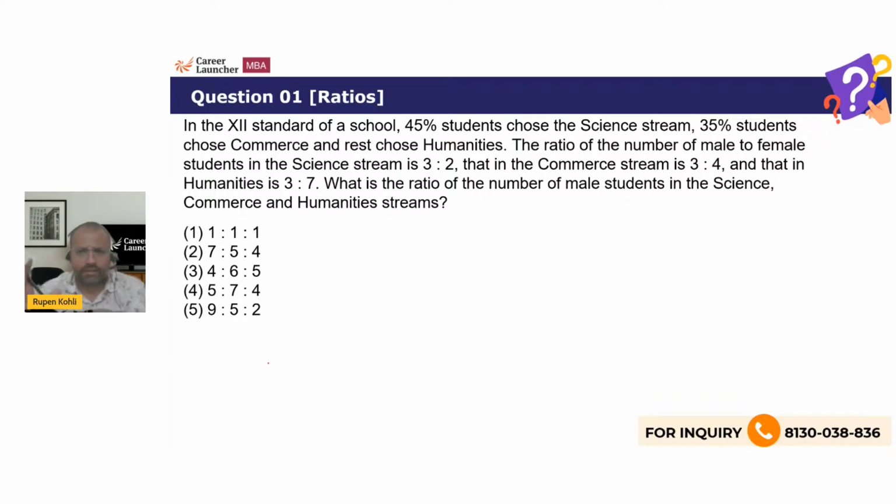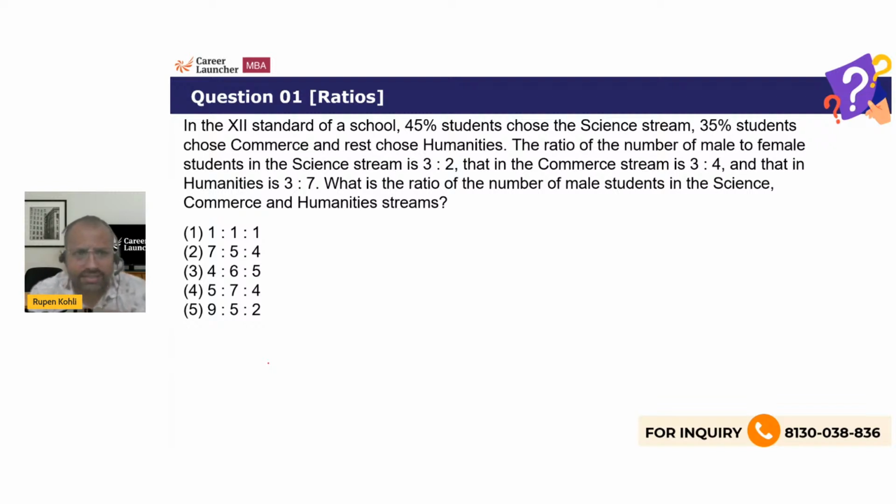In this session, first of all, I'm actively looking at any doubts, queries that you might have. So if you have any doubts, just do let me know. And do let me know your answers as soon as you get them, right? I think this is quite a straightforward question on ratios.